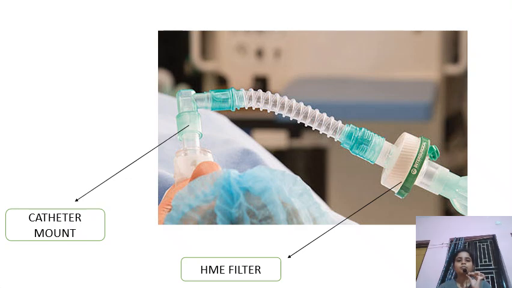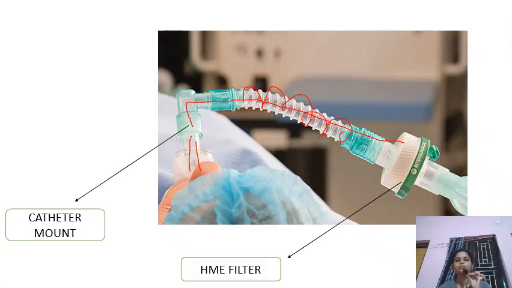This is the catheter mount. Here the patient will have the ET tube, to which the catheter mount will be connected. It helps as an extension for the ventilator, so that we can fix the position of the ventilator. It is a corrugated tube. You will see the ventilatory tubes are also corrugated, and this catheter mount is also corrugated.